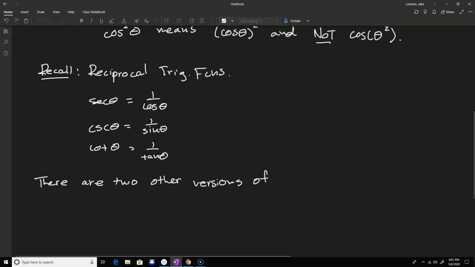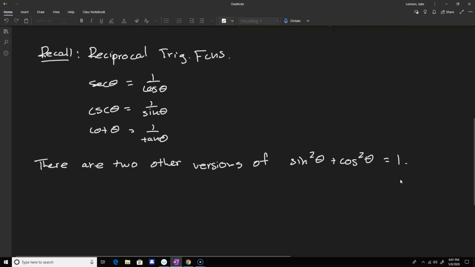A lot of times when they do this identity, we'll write it as sine squared theta plus cosine squared theta equals 1. Again, addition is commutative, so you could write it as cosine squared plus sine squared, or vice versa. I feel like I see it written as sine squared plus cosine squared more often, even though cosine technically represents the x coordinate.